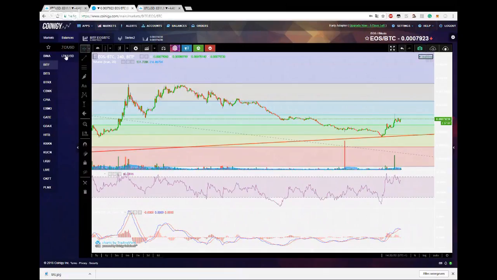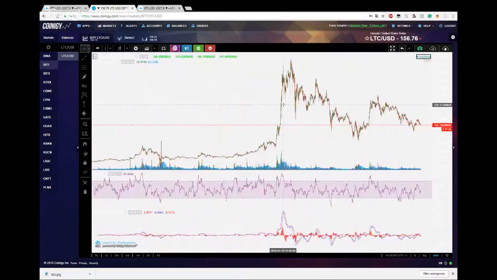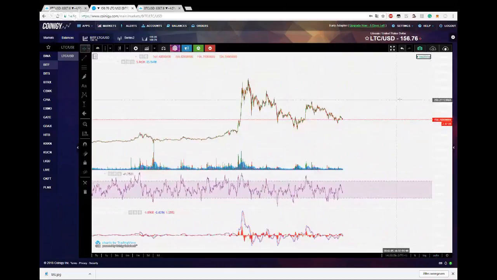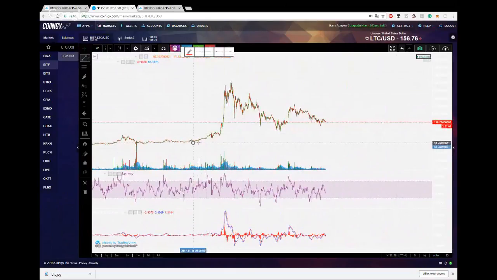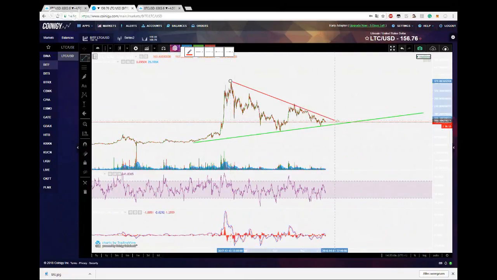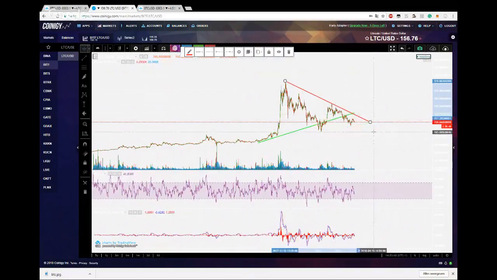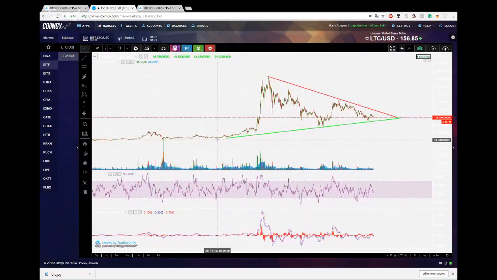Litecoin, on the other hand, is very, very clear. We are making an Uber wedge. This is one big wedge. It's massive.